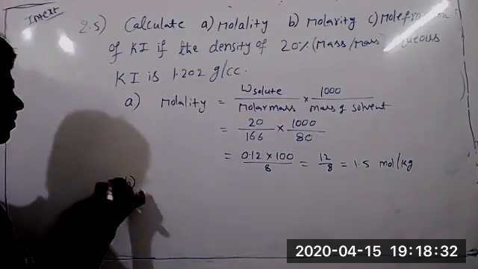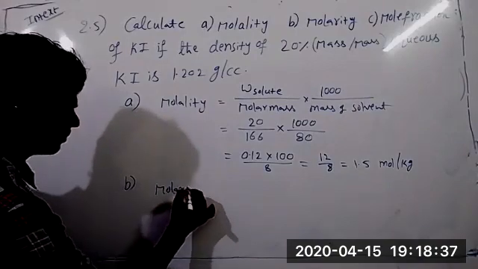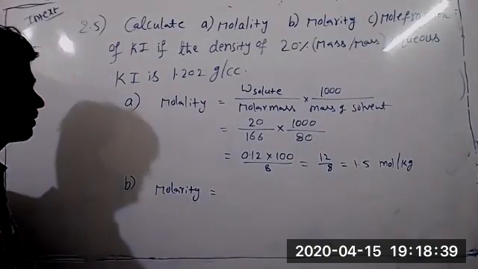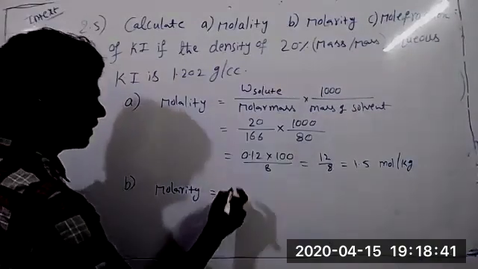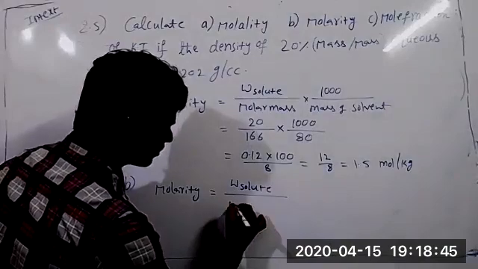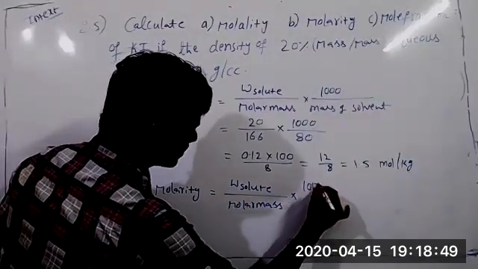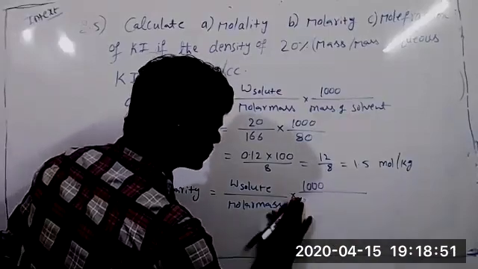Next, B, molarity. Same, weight of solute divided by molar mass, into 1000 by volume of solution.